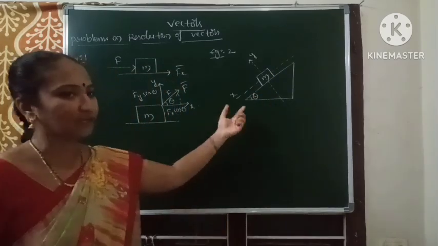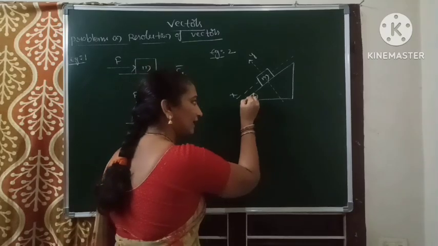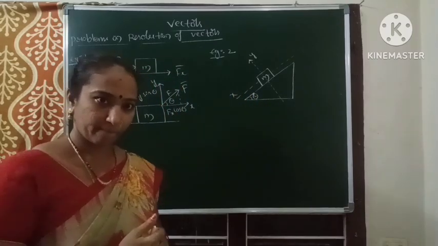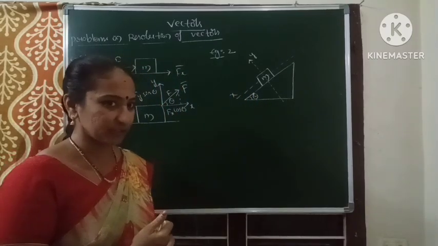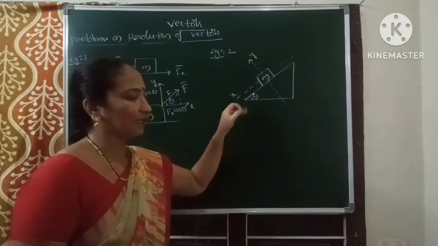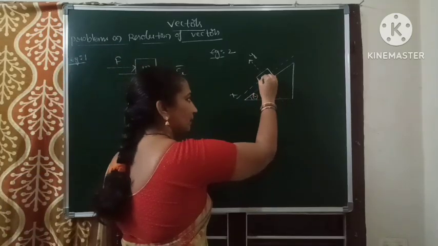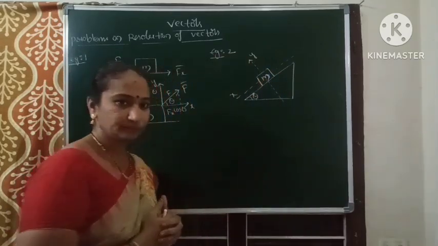Here the angle is in between the horizontal line and the inclined line. Very important point, students. So here theta is the angle in between the horizontal line and the inclined line. So here is a block of mass m.